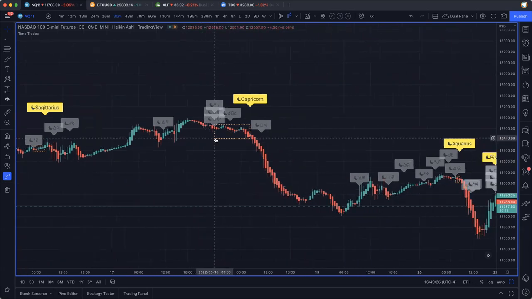Now, the last thing I want to talk about here is the orange boxes. The orange boxes are the moon void of course. What's going on here is that the moon void of course is the time period between the last aspect that the moon makes in a sign, in this case Sagittarius, and the time that the moon enters the next sign.